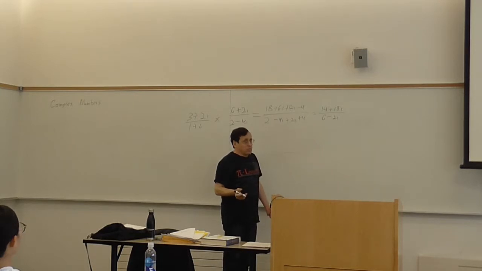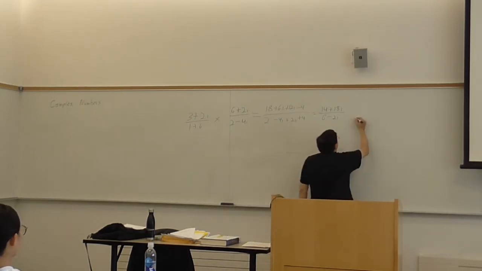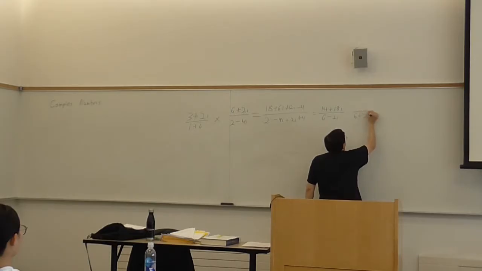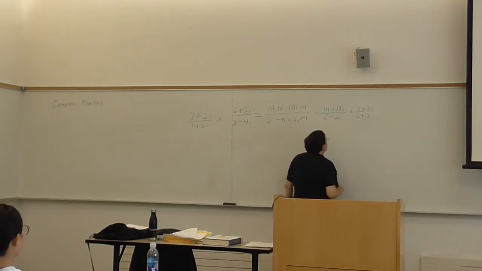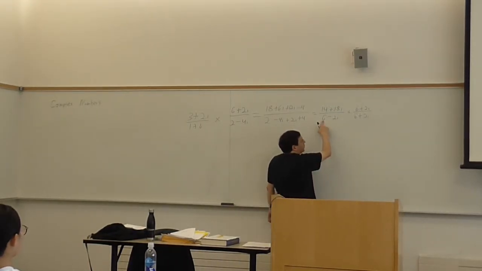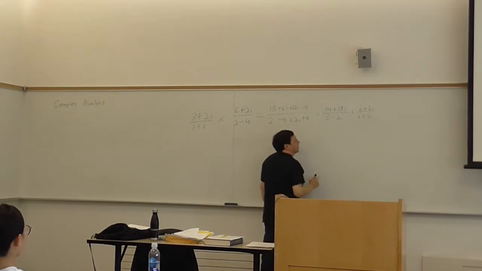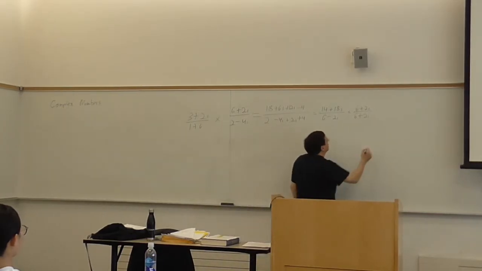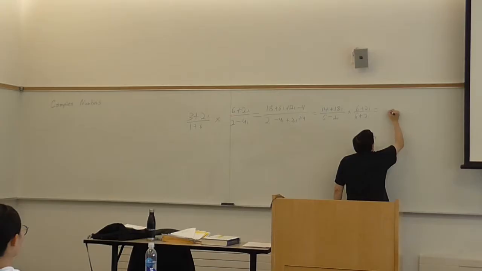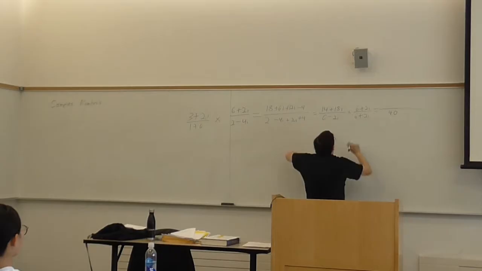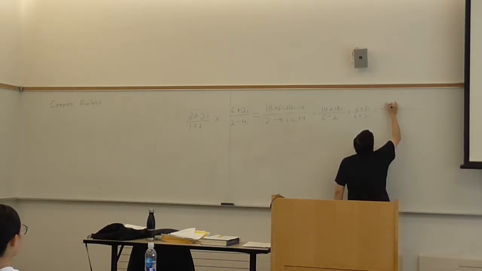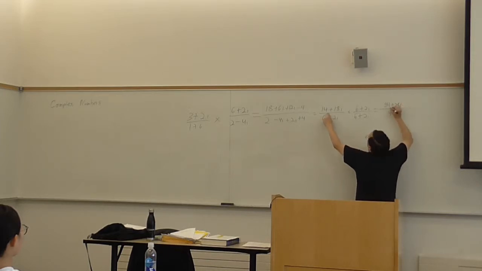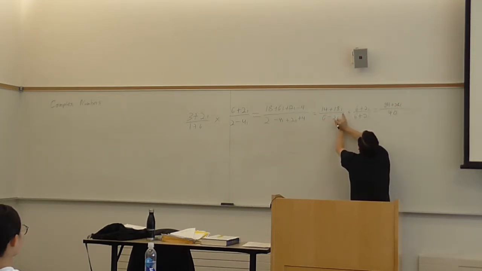Okay, so now we want to multiply by the complex conjugate of the denominator over the complex conjugate. We know this is going to be 36 plus 4, a squared plus b squared. So that's just 40. And then I have to do one more FOIL here, which will challenge me.